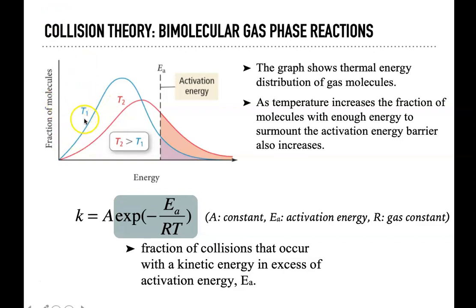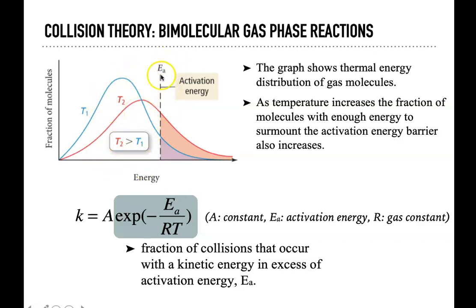At temperature 1, this is the distribution. Some of the molecules move very slowly, with low kinetic energy, a small fraction. Some of the molecules move very fast with high kinetic energy, also a small fraction. Most of the particles move at the average kinetic energy or close to it.